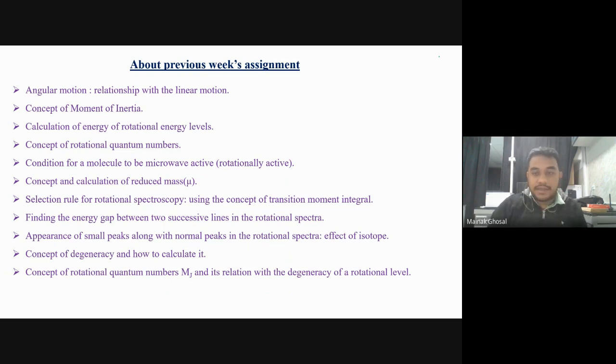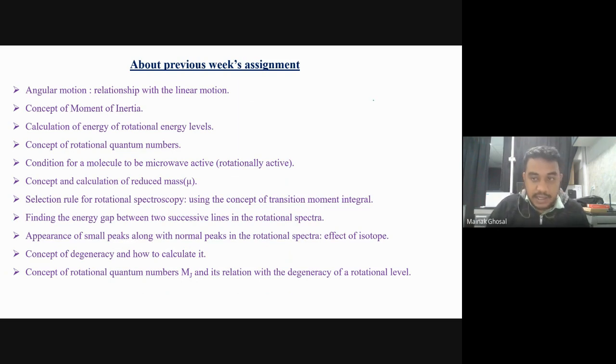Okay, so the first term was angular motion. What is the relation between linear motion and angular motion, and how to convert any quantity in linear motion to some quantity in angular motion, that was already discussed. And then there was a concept of inertia.